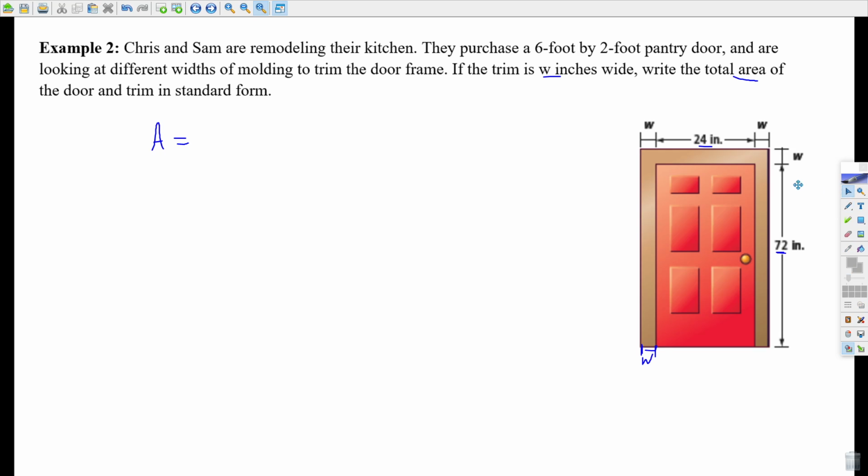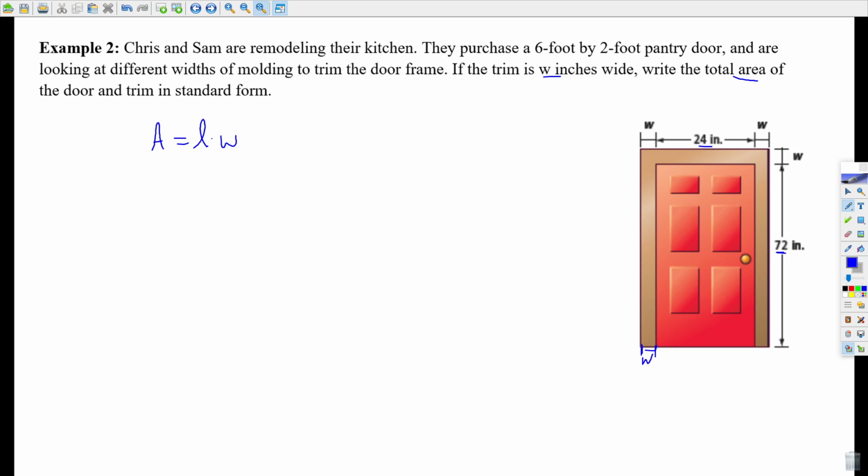The shape of the door and the trim combined looks like a rectangle. So you have to know, what is the area of a rectangle? How do you calculate that? So specifically, area of a rectangle is A equals its length times its width.